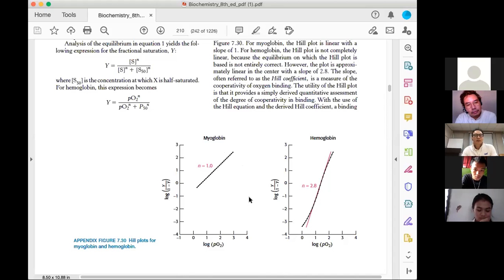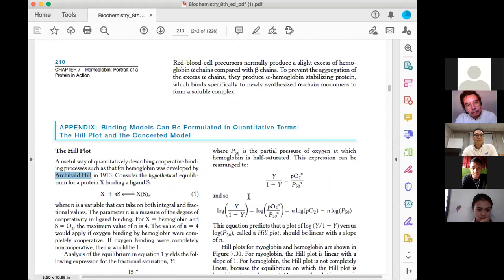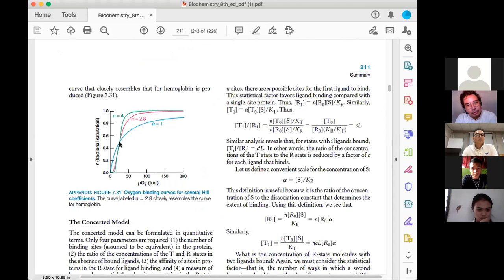And the score for hemoglobin is actually 4. This is the Hill coefficient 4. If you have 4 subunits, and each subunit is fully cooperative, then the Hill coefficient should be 4.